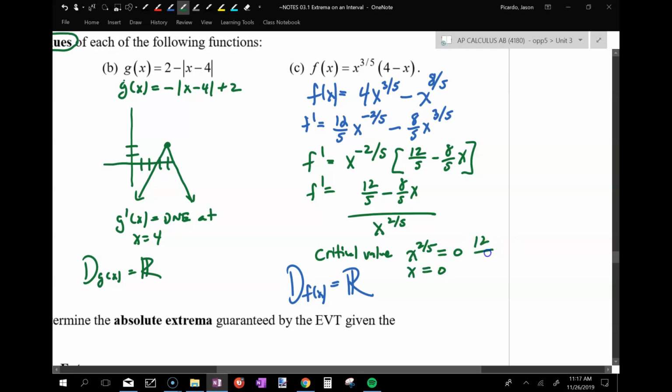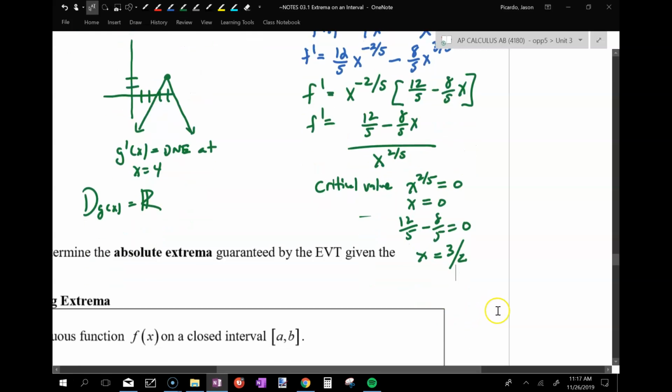And at 12/5 minus 8/5 x equals 0, that's going to give me x equals 3/2. So again, guys, the thing with this becomes more about the algebra than anything else. You agree? Yeah.